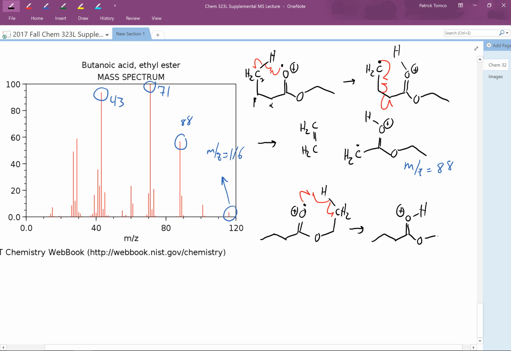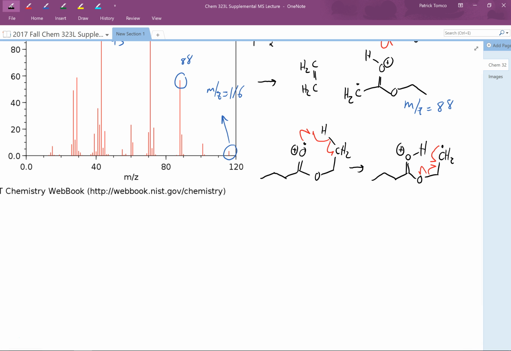So I'll put an oxygen here, and I have a radical out peripherally. Now it undergoes the same reaction that we talked about in the previous reaction, only it puts a radical at the oxygen, whereas in the previous example, it was at the carbon. So we would form the following molecule, which is going to have a similar mass to charge ratio, resulting in the same neutral loss. And this is also a mass to charge of 88.